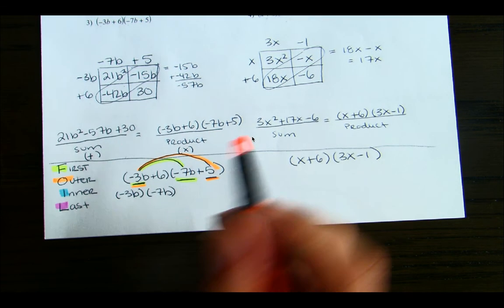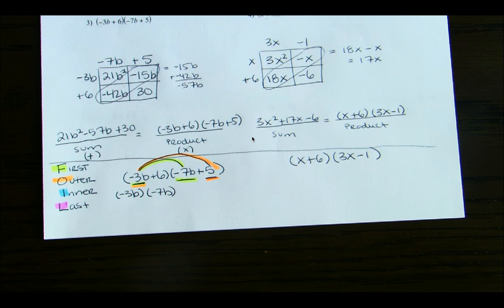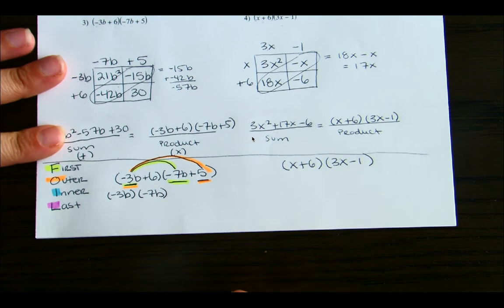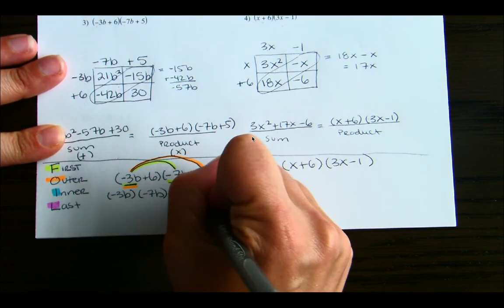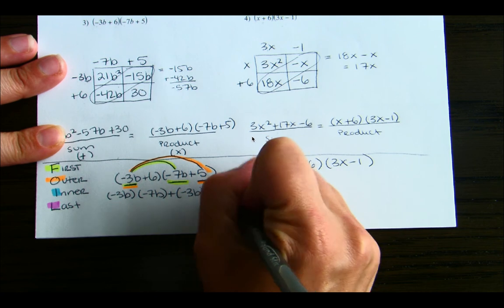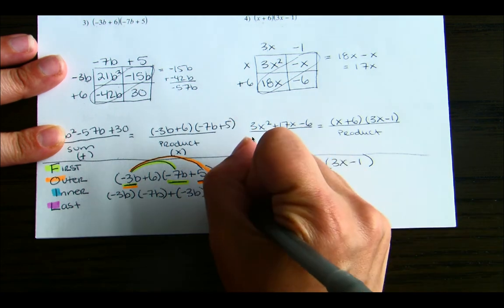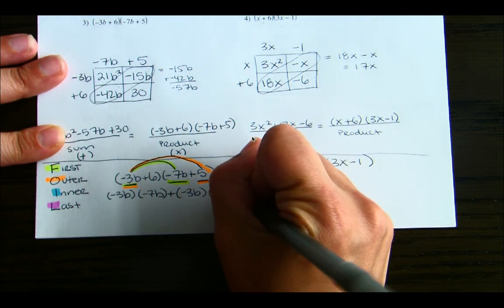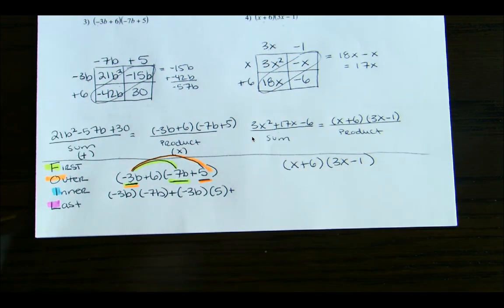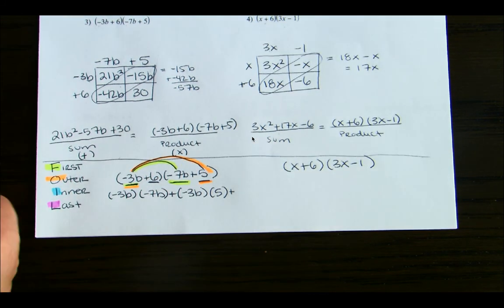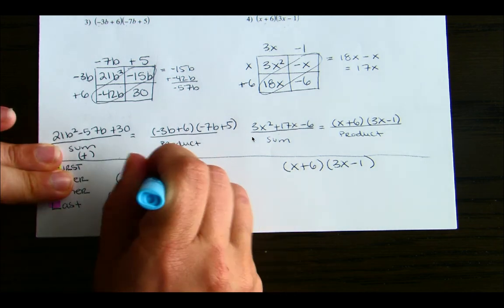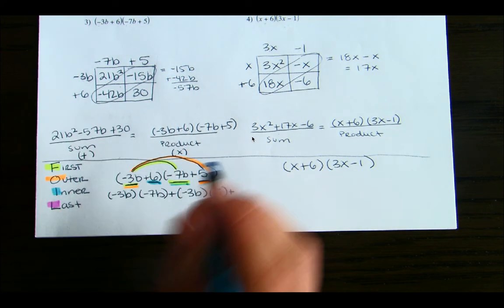So again, I'm color coding just so we keep track. So from here, what I have is plus -3b times 5. And then I'm going to do my inner. So my inner is going to be 6 and -7b.